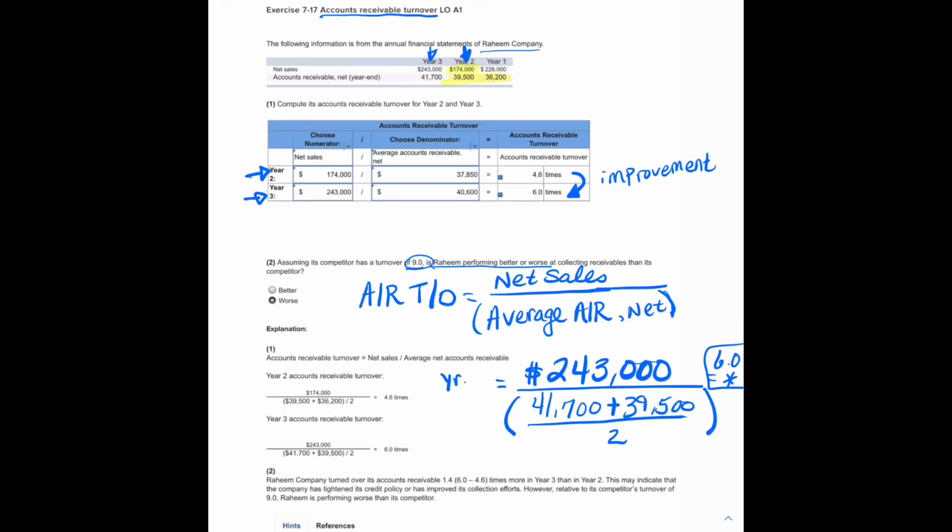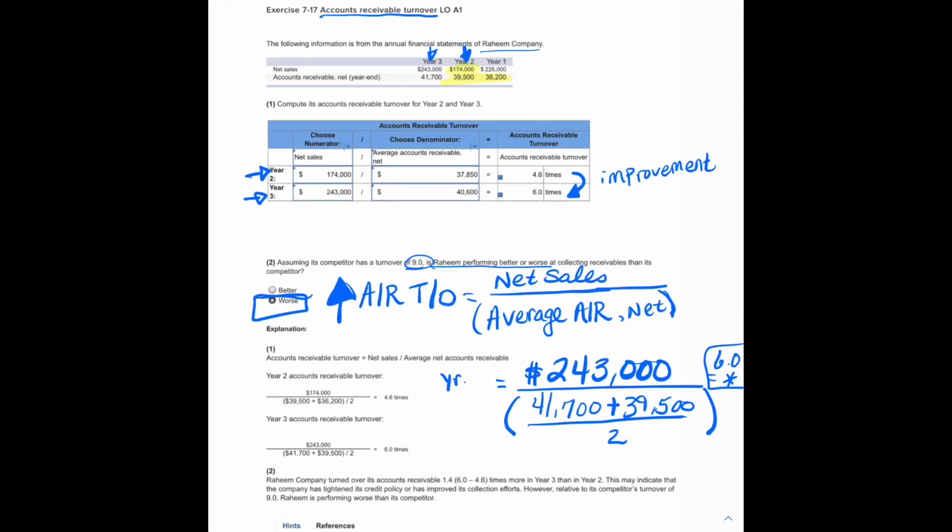And in this case, you want accounts receivable turnover very high, because the faster you can turn over your accounts receivable, the more times you can do this each year, the more effectively you are collecting that money. So we would like this high. Even though we have improved year over year, we are actually performing worse than our competitor because 6 is less than 9.